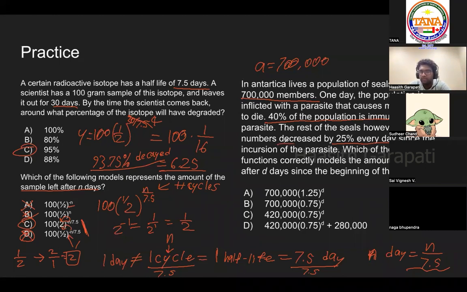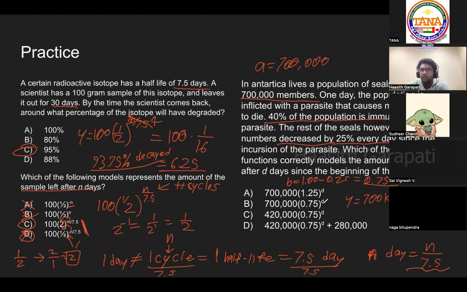Okay, so it's decreased by 25%, which means we know the decay factor is going to be 1.00 minus 0.25. It's going to be 0.75. That's what our decay factor is going to be. So if we write everything out, I'm just going to abbreviate 700, that's 700K to the power of what?